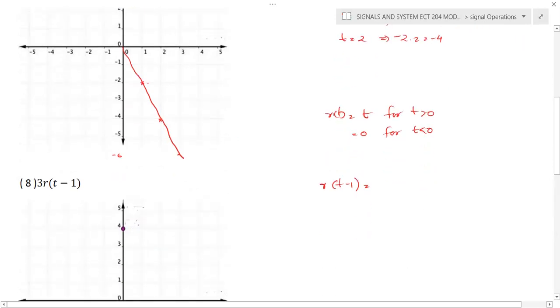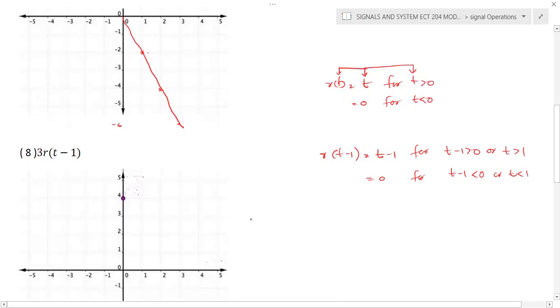If it is t within the bracket, then the function is t, and the condition we also write in terms of t. So it is t minus 1 for t minus 1 greater than 0, and 0 for t minus 1 less than 0. If you rearrange this condition, t minus 1 greater than 0 becomes t greater than 1, and here it is t less than 1. And this is simply r of t minus 1.